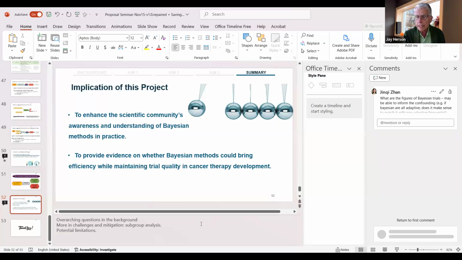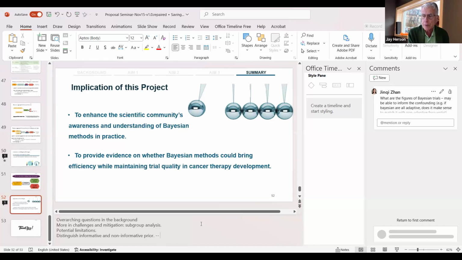This doesn't relate to a future presentation, but one thing I had thought of: it is important to distinguish between informative and non-informative priors, but I think most of these trials are going to have non-informative priors because they're going before FDA, and FDA is often not very receptive to Bayes and the subjectivity of choosing a prior.